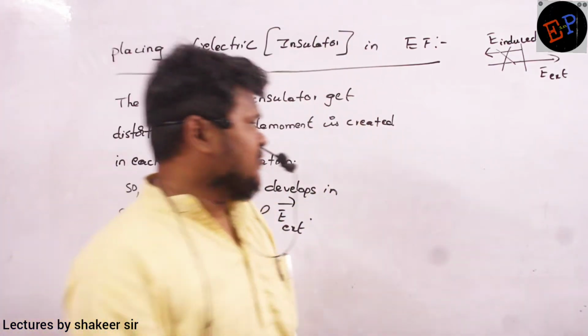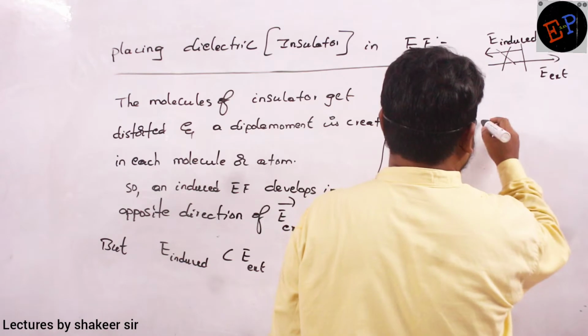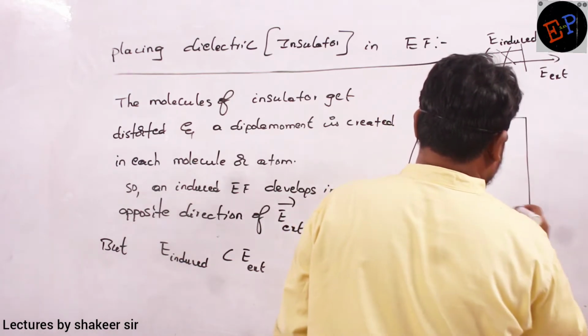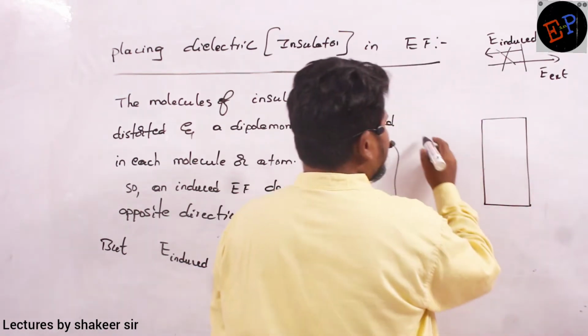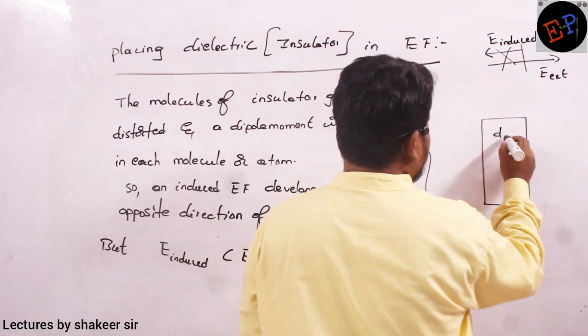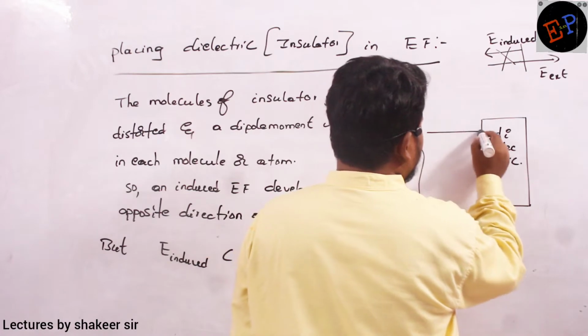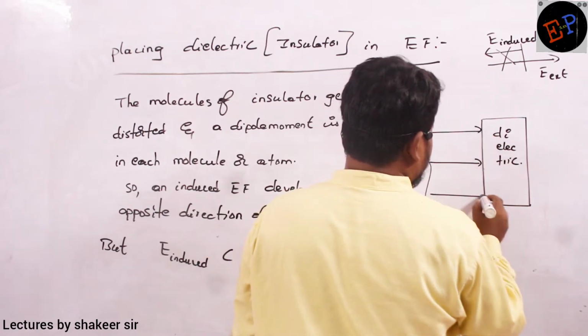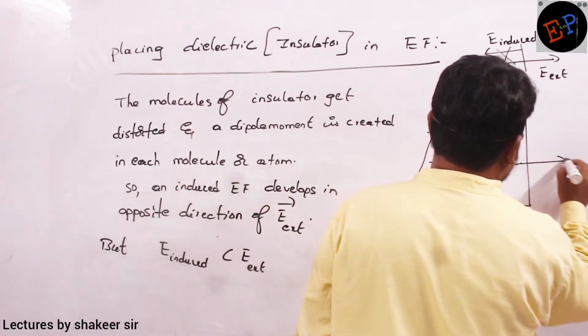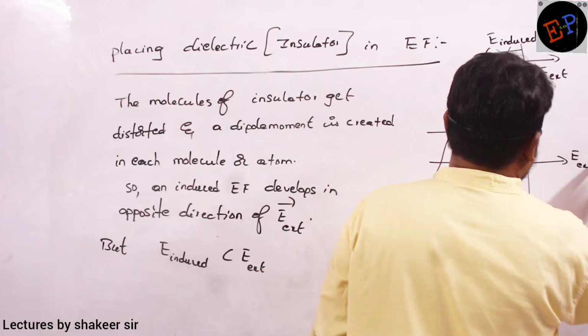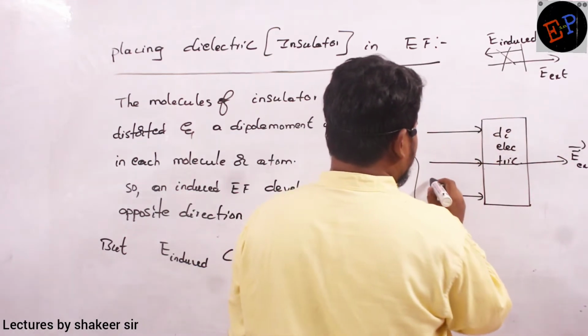Okay. So how can I draw the diagram of this one? Diagram I can draw like this. Clear, no ma? So this is a dielectric. Now I can say that all the electric lines do not pass, but only a few lines will pass.